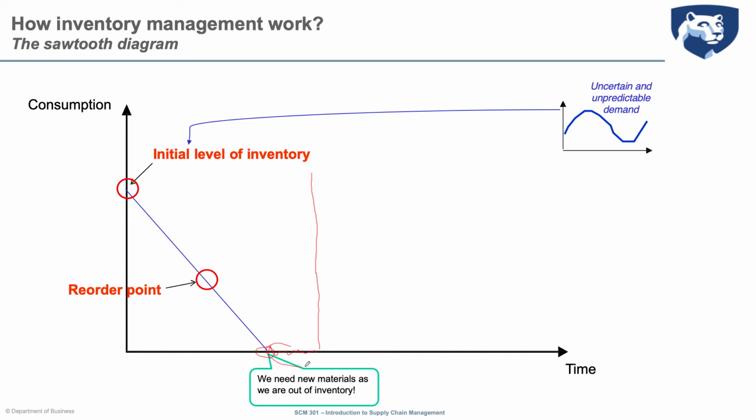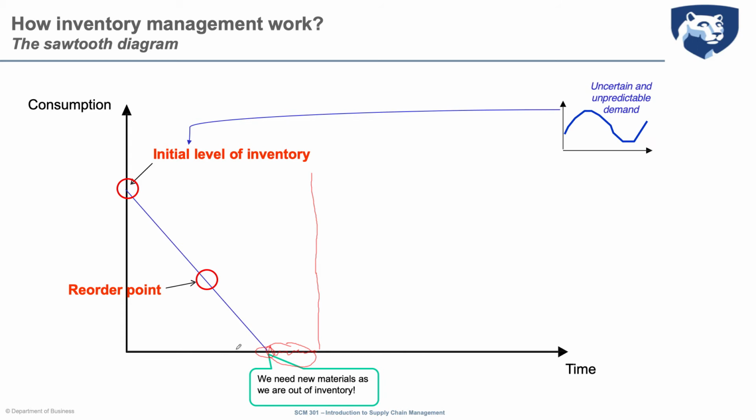But during this time, my inventory will be 0 and I won't be able to run my process because I lack this material, or I won't be able to sell the product because I won't have any product in inventory. That's why we usually set the so-called reorder point, which is the inventory level corresponding to the time my supplier needs to replenish my inventory, and this amount of inventory is enough to satisfy the demand while the supplier is working toward the replenishment.